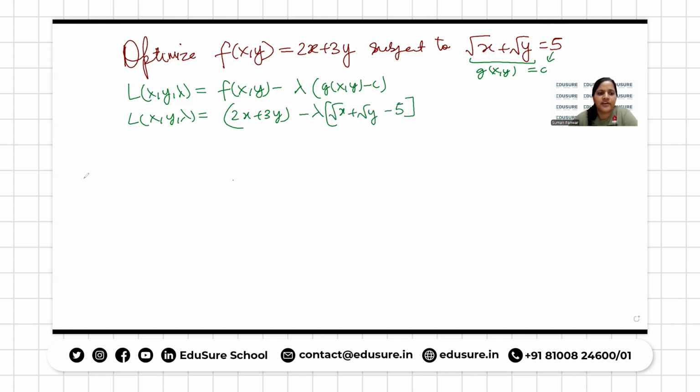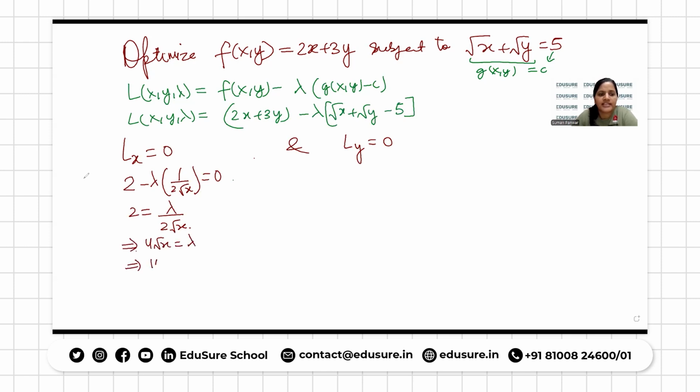Now, the first derivative conditions for optimum values are Lx equals 0 and Ly equals 0. So we differentiate L with respect to x: 2 minus lambda times 1 upon 2 root x equals 0. So 2 equals lambda upon 2 root x. This implies 4 root x equals lambda, which implies 16x square equals lambda square.